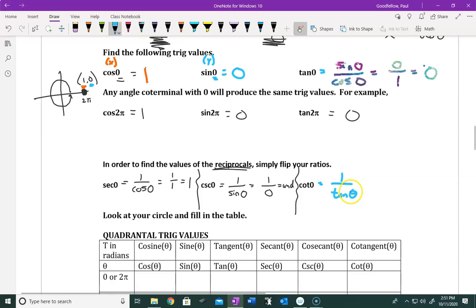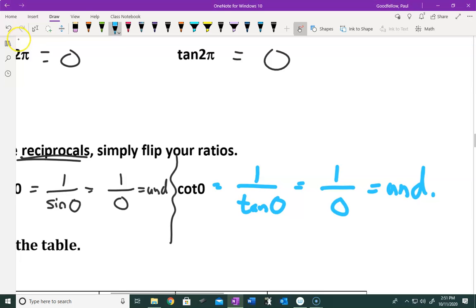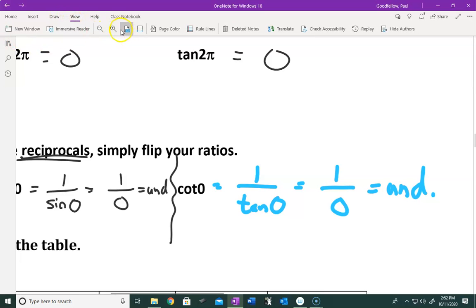So if I said tangent of 0, then I would be saying that it's 1 over whatever tangent of 0 was, which is 1 over 0. That is also undefined at that location. Now, it turns out in the quadrantal spots, there happen to be some undefined locations and 0 ones. You just have to keep track of those particular concepts, all right?